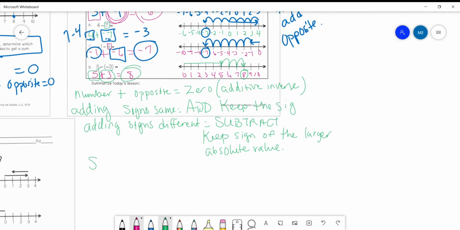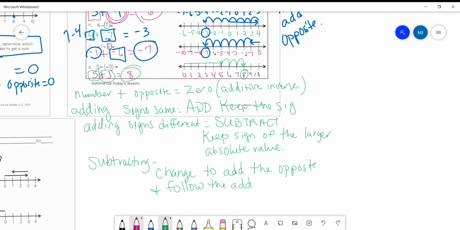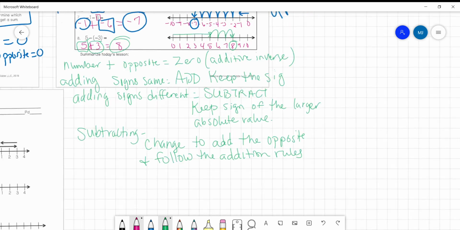So if you're subtracting, change that to add the opposite, and follow the addition rules. So let's give an example.